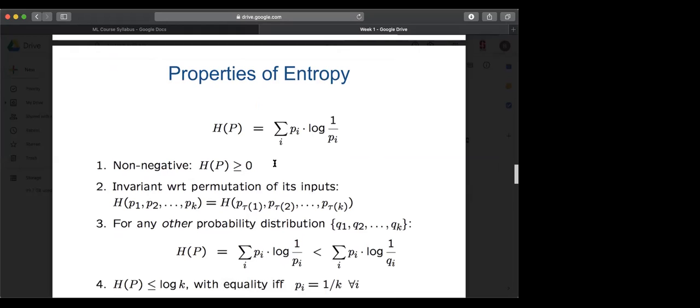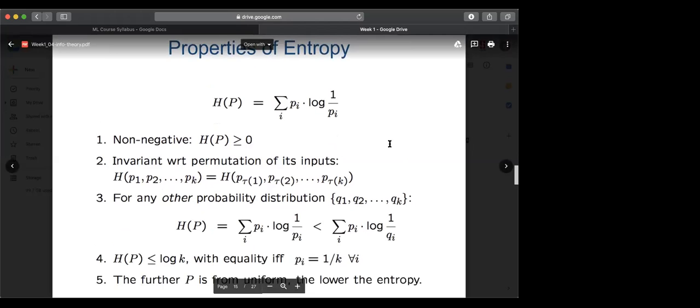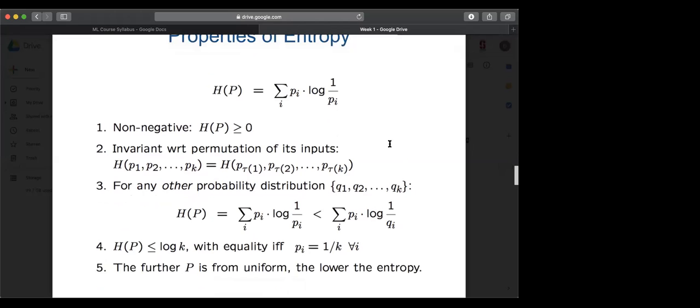And so all entropy will be non-negative. At the very least, it could be 0, where you have a very unlikely set of events, like 0 out of 6 being heads. Entropy is invariant, so it doesn't depend on all of the other events in the system. Each event has its own entropy.